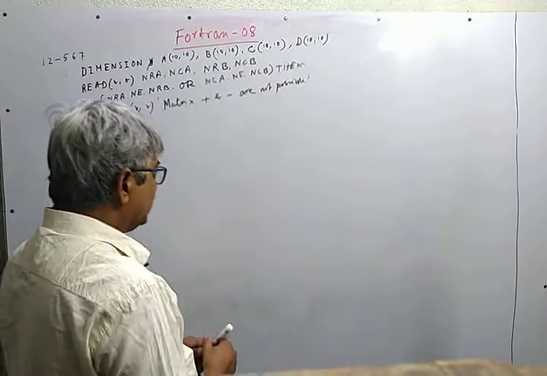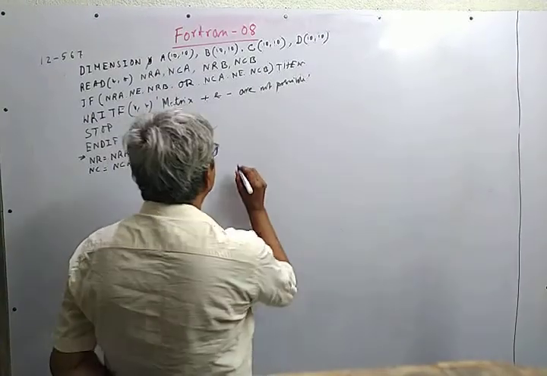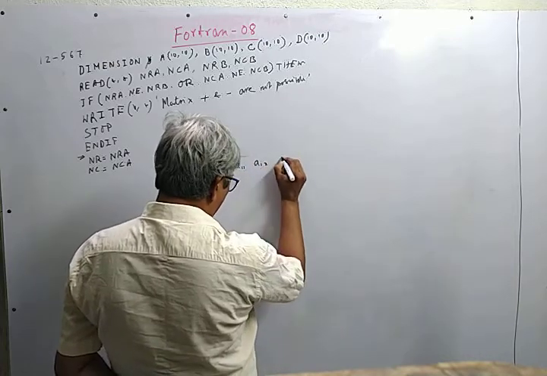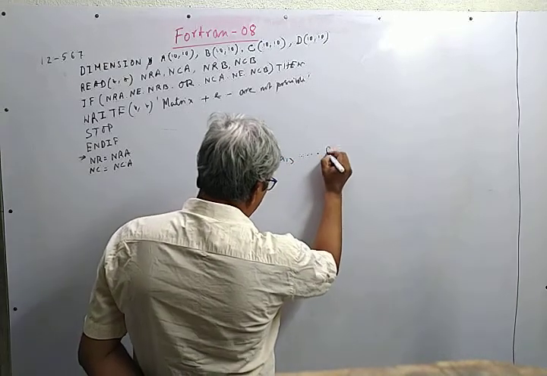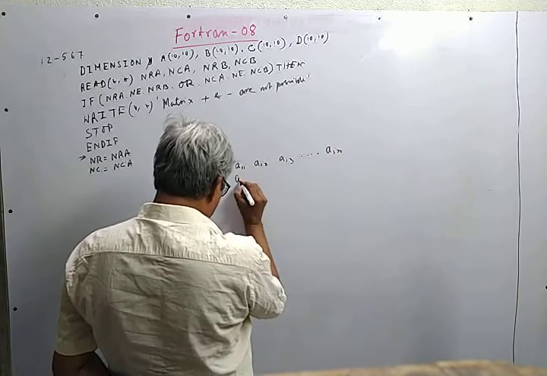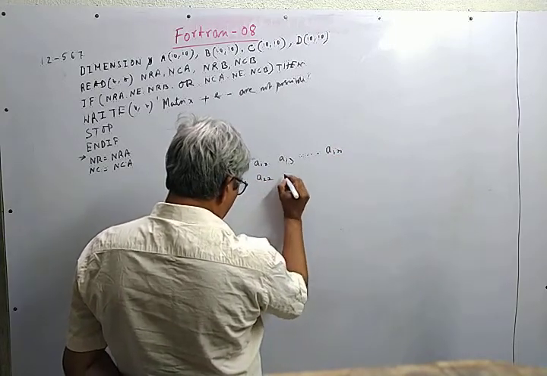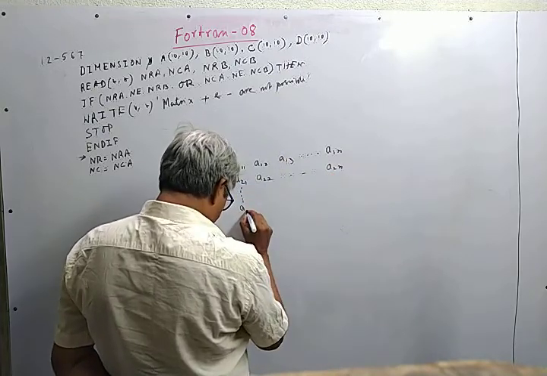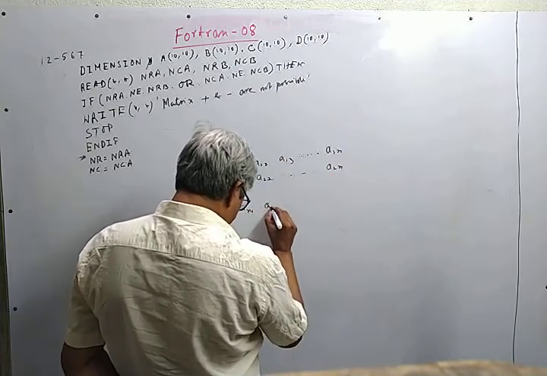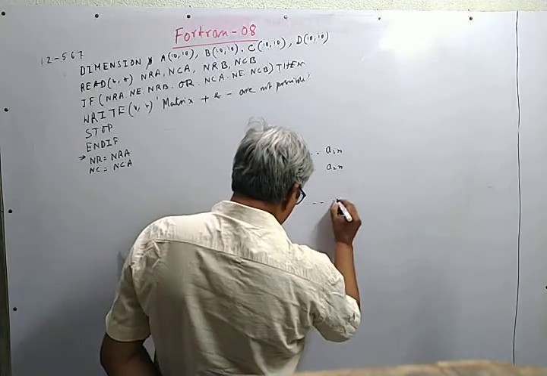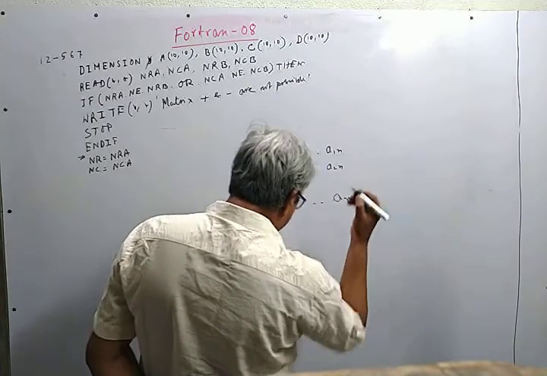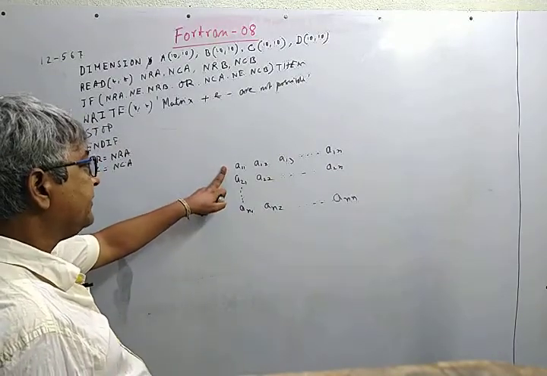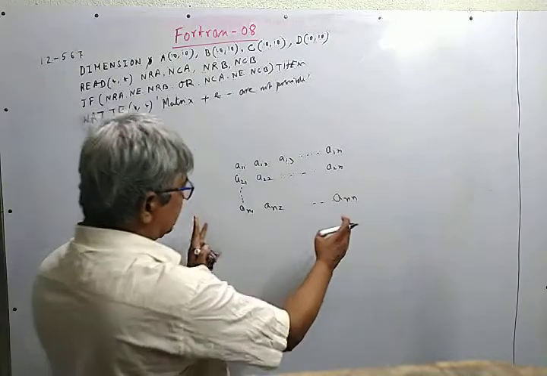And one thing, in general, whenever we talk about a matrix, we write it as A11, A12, A13 up to A1n, and then A21, A22, etc. This is the general way in which we represent a matrix. I first want to make an arrangement so that the matrix A can be read in this fashion.